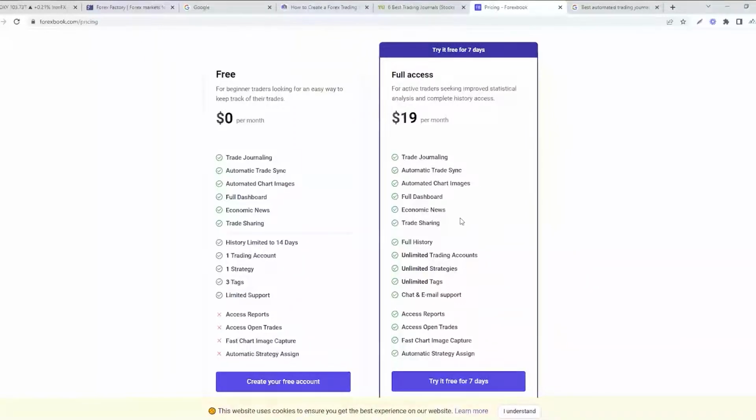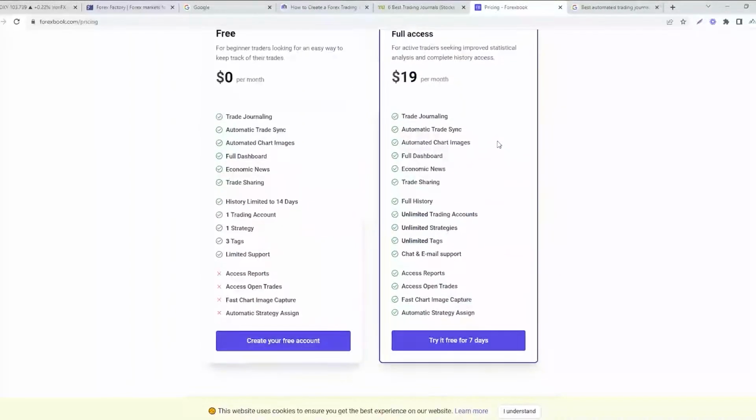But the paid full access version is about 19 US dollars per month. It's relatively affordable, I suppose. And of course, you can always try it out for free for 7 days first, and if you're not happy with it, you can try something else.